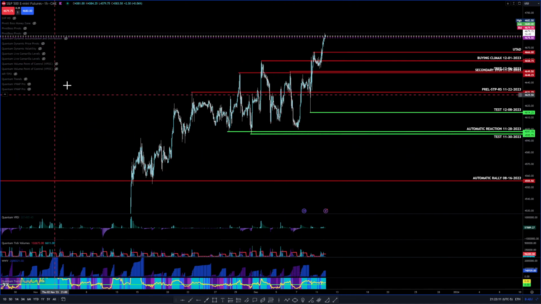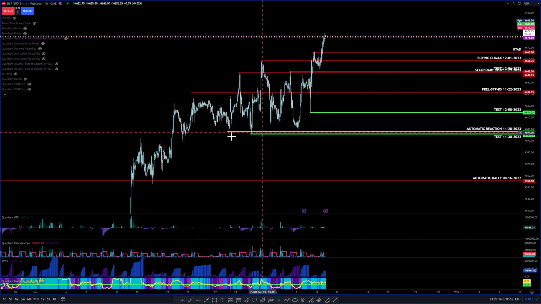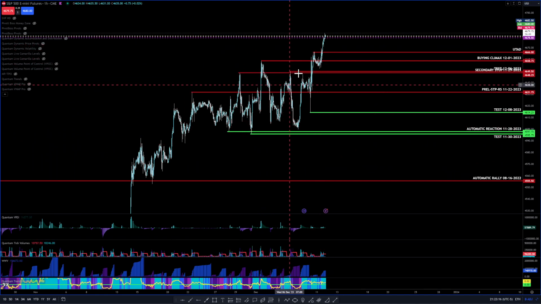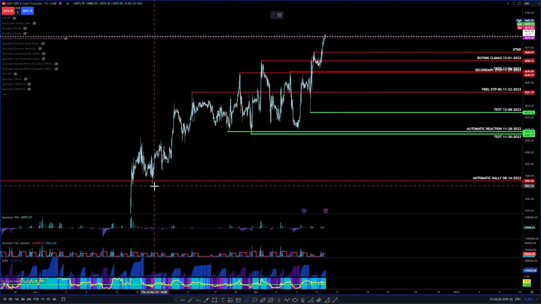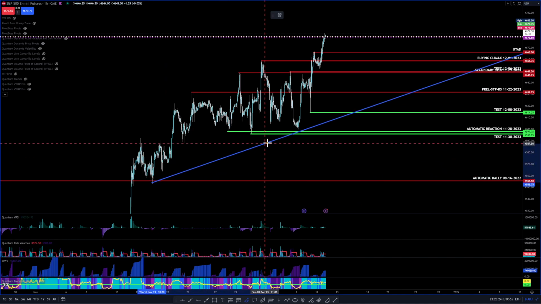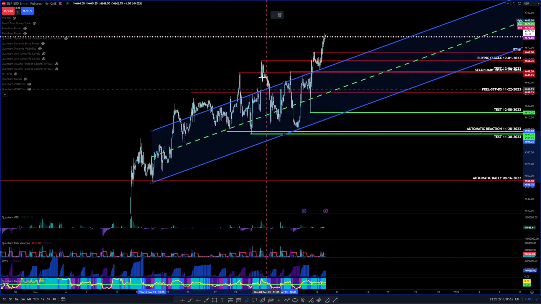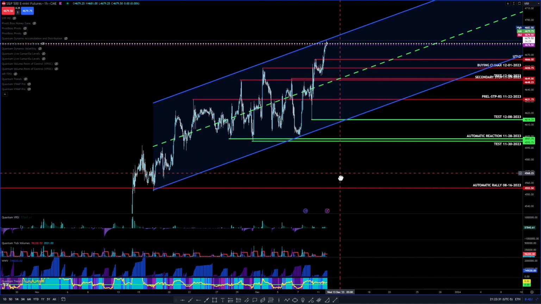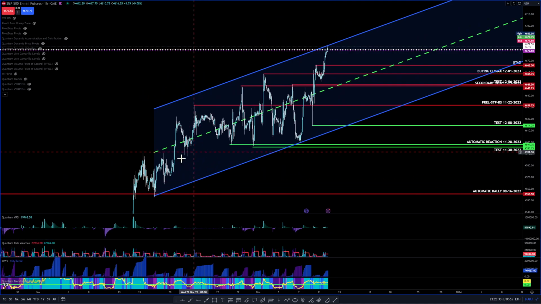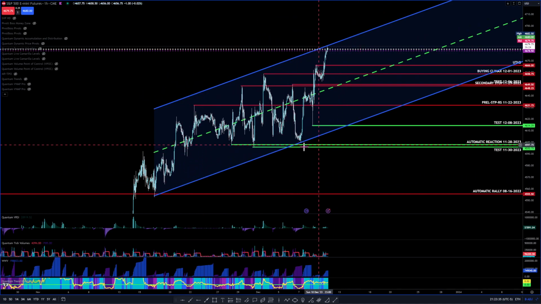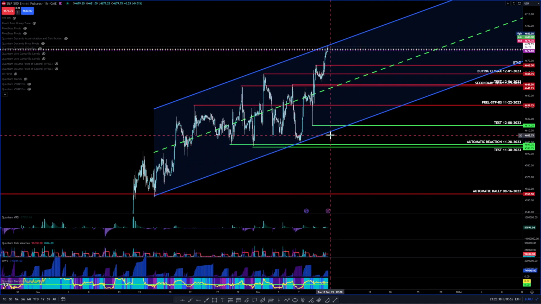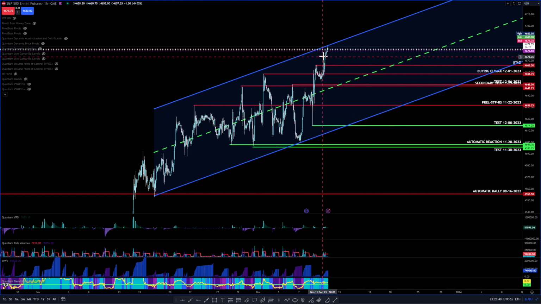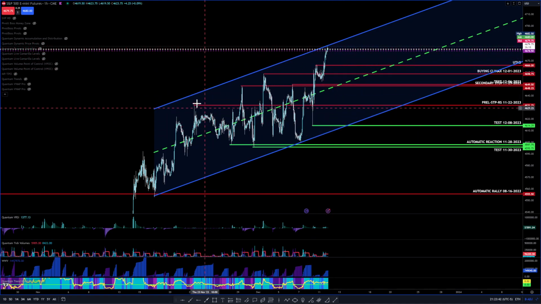So on this 1 hour chart, this is looking extremely bullish, the way it's breaking out, the way the structure is happening. I could actually do a parallel channel. Hold on. Right, so you can see the upward sloping price action here coming down, having the automatic reaction, having a test here, and just steadily moving higher, right?